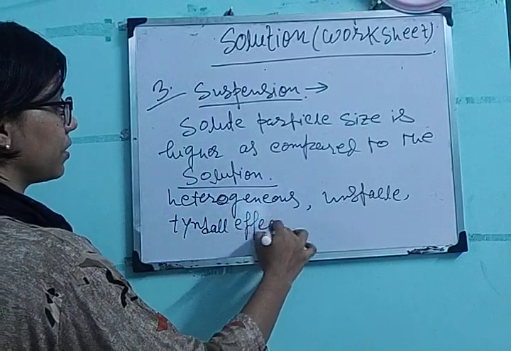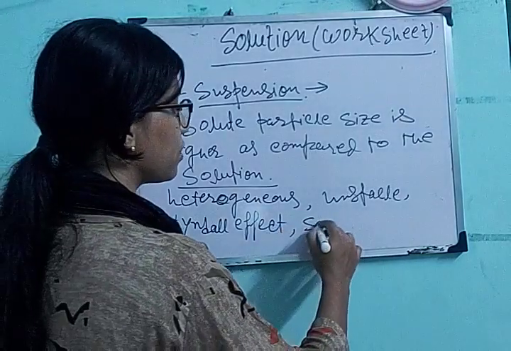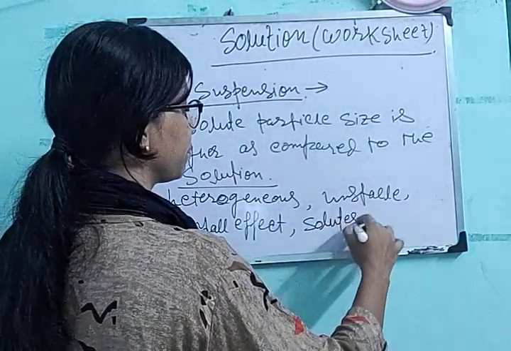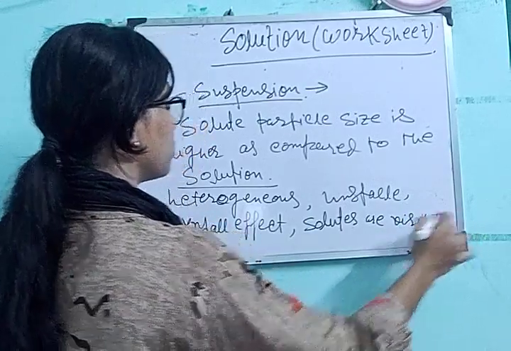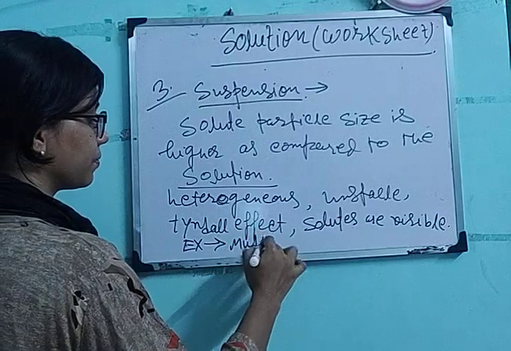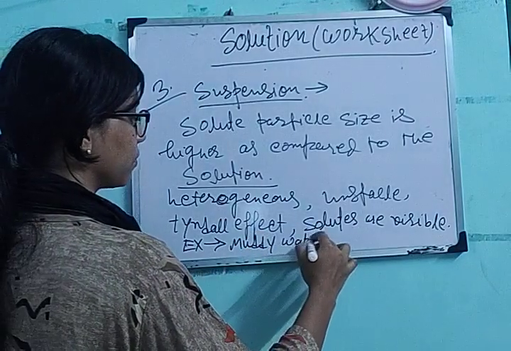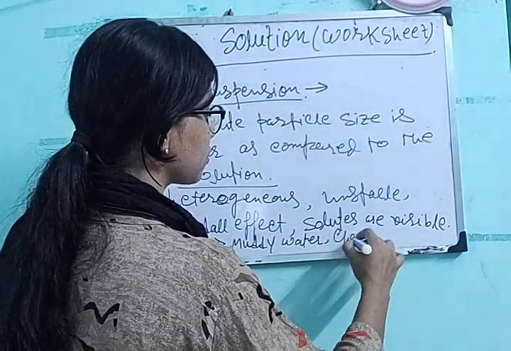In a solution you cannot separate the solid particles, but here you can separate them, and the solid particles are visible. Examples can be muddy water and chalk water mixture.